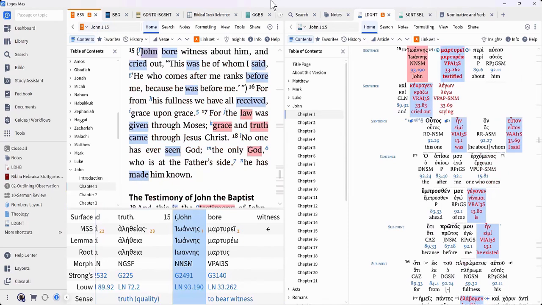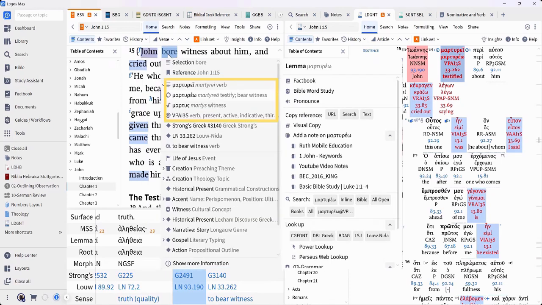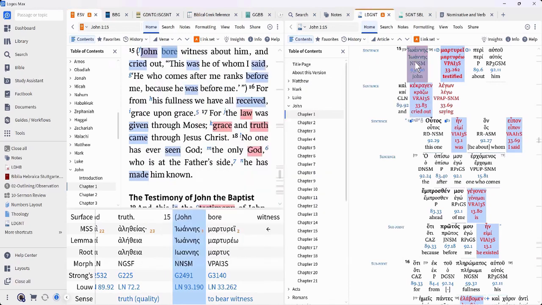So it's saying John here is in the nominative case, and bore witness is my verb. This is your subject.